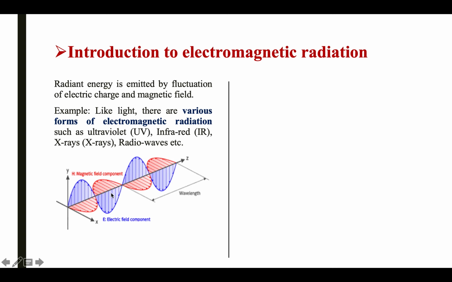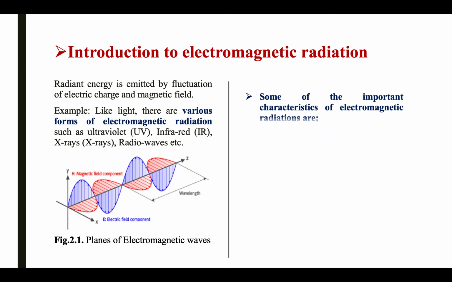They are in the same phase but at a 90-degree angle, so they are perpendicular to each other, and they propagate in the z direction. The distance between two crests we consider as the wavelength. So these are typically plane electromagnetic waves.